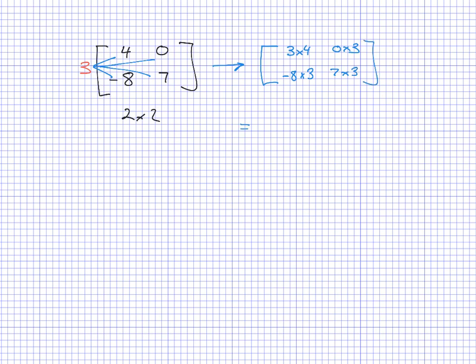Then simplify as far as you can: 12, 0, minus 24, and 21. This is called scalar multiplication, and it's useful if you're making a matrix bigger by a constant factor. It happens to each term inside the matrix one at a time and doesn't change their position.